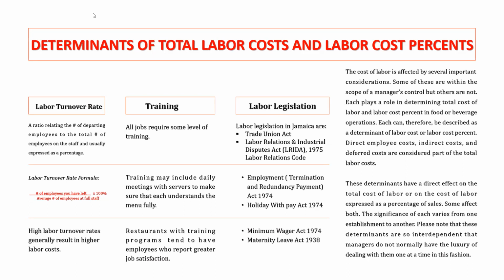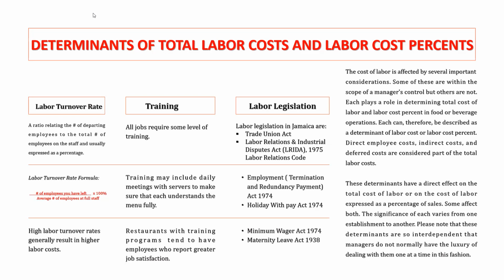Then you have the Holiday with Pay Act of 1974, and this sets out the conditions under which workers are entitled to holiday and sick leave with pay or such gratuities and benefits as may be determined. Then you have the Minimum Wage Act of 1938. I may have written 1974 by mistake; let me go ahead and change that.